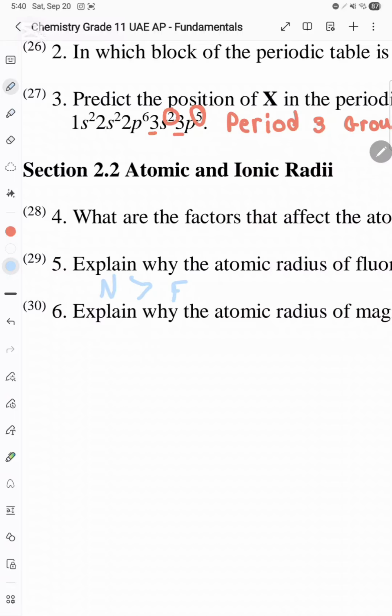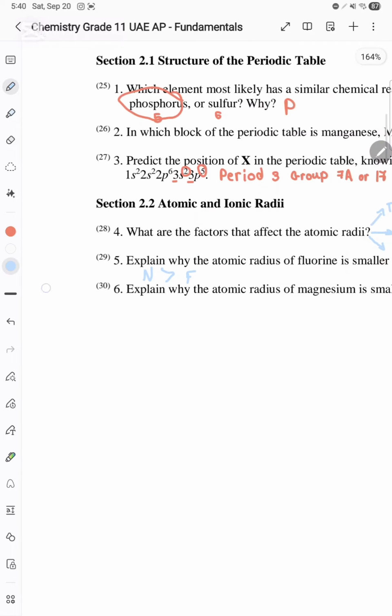They have the same number of core electrons because they are in the same period. So their valence electrons experience the same shielding, because the difference is just in the valence shell, how many electrons are on it, but they have the same number of shells because they're in the same row. So exact same shielding and exact same number of core electrons.